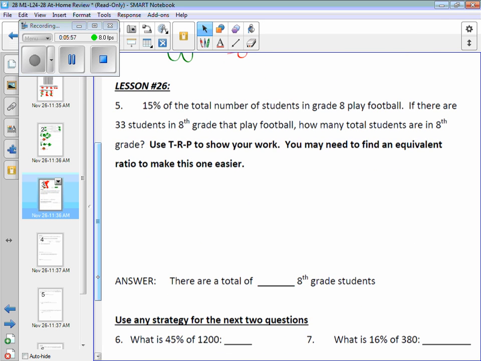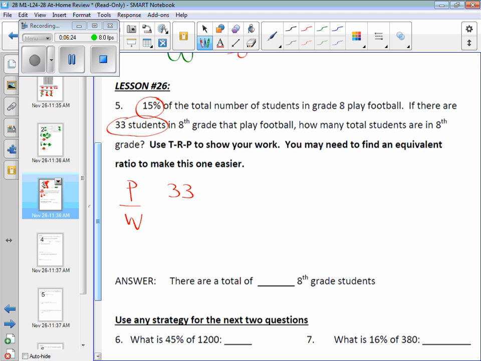Okay, question number 5. Set it up as our part to whole template. And I'm going to circle the pieces of information that we're going to need. Now that 33 students is not representing the entire 8th grade. It's representing part. So we're going to put that at the top.